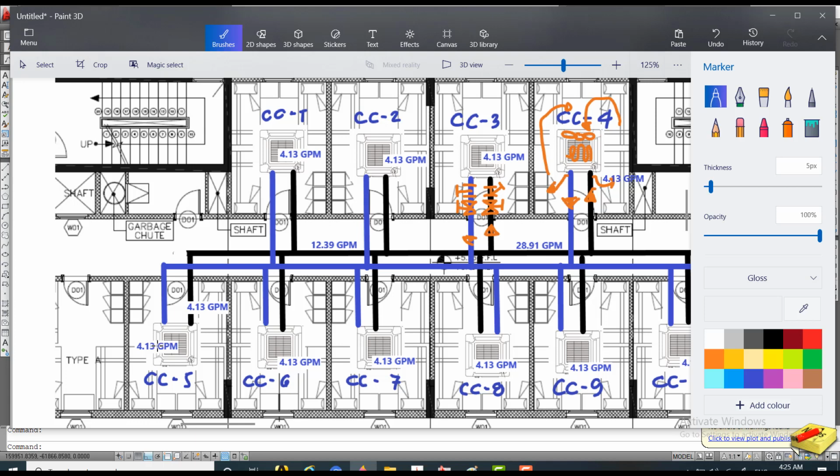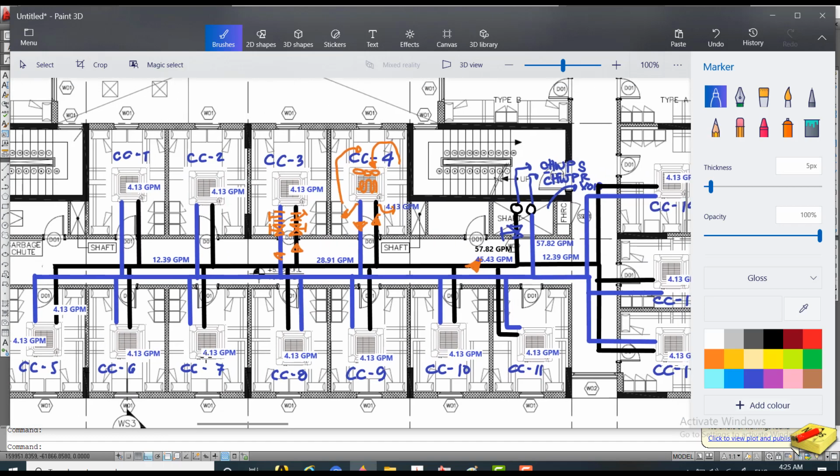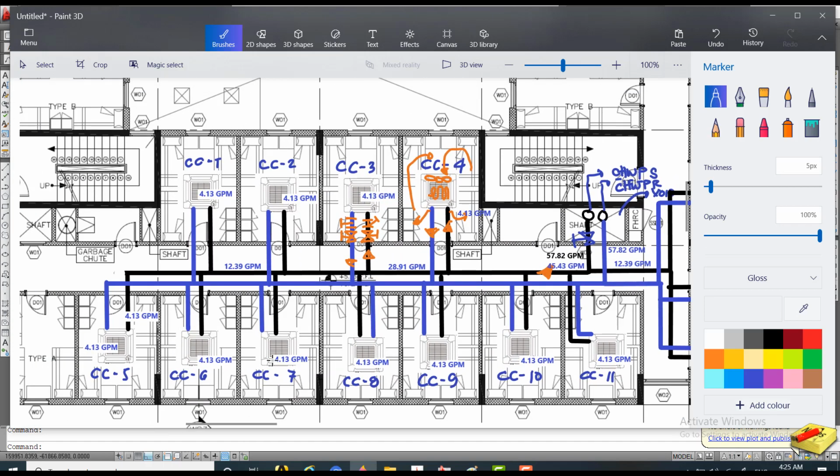Okay. But actually it will depend pa rin doon sa selection of unit ninyo and also the load calculations ninyo. Magbabago pa rin siya, depende sa pangangailangan ng space in order to palamigin. Okay.